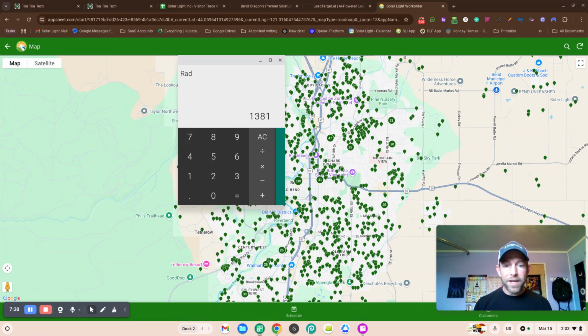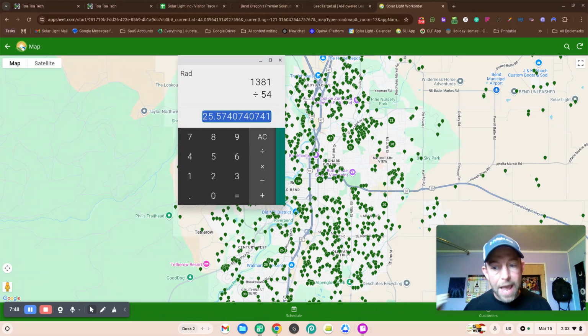So previously, it was about $1,300 a lead due to the fact that it's kind of snowy here and it's not the right weather yet. However, now they've spent $1,381 divided by 54. So now they spent $25 a lead. That's within their budget for their product. Absolutely. So this product line sees a cost per sale in the $60 to $80 range once we look at the whole year.